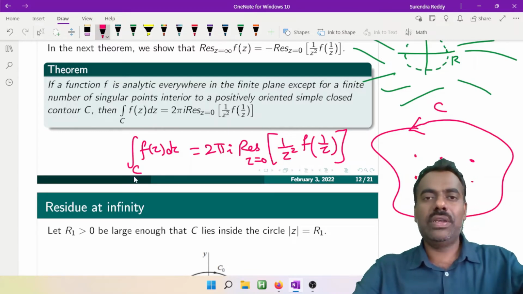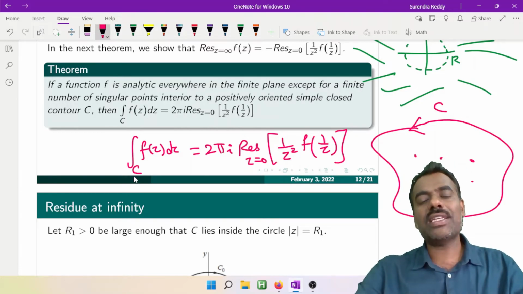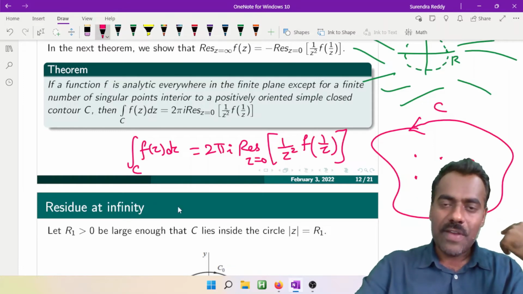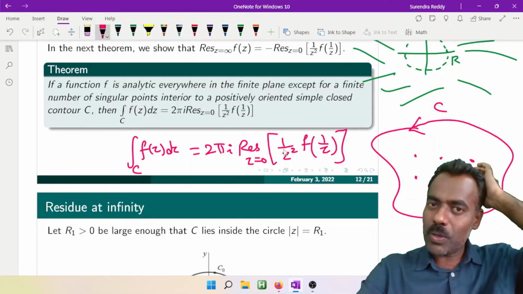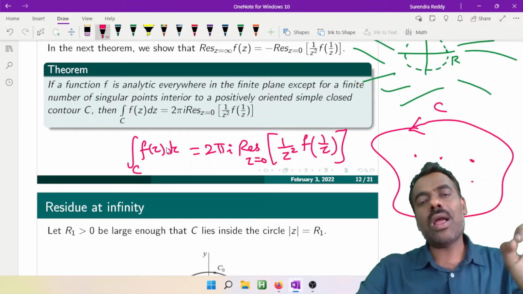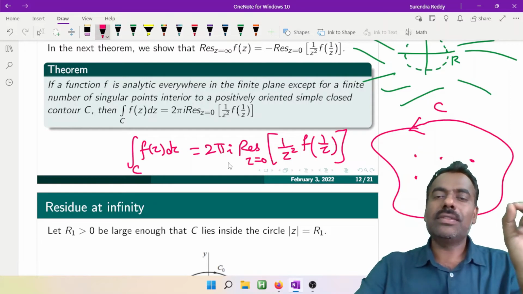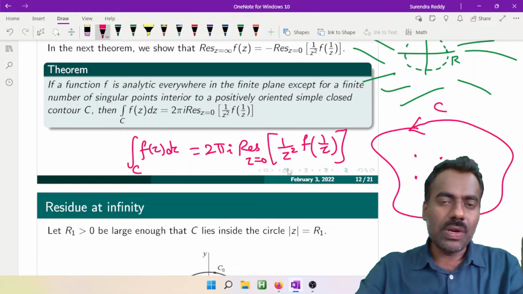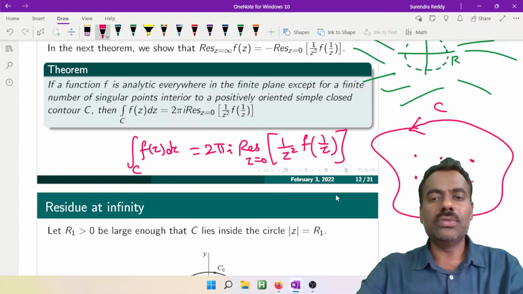There, if you assume there are 10 residues, then you have to find the values at all those 10 points, sum them and then multiply by 2 pi. Whereas here, no matter how many residues we have, as long as there are finitely many, the integration can be calculated using only the residue of a new function at z equal to 0.